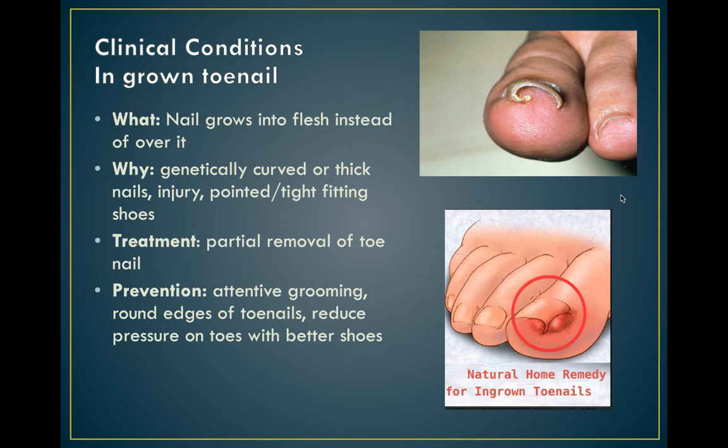How do we prevent this? Doctors would suggest home remedies for ingrown toenails. Make sure that you're clipping and trimming your toenails. That's what attentive grooming means. Round the edges of your toenails so that they don't square off and grow down into your flesh.